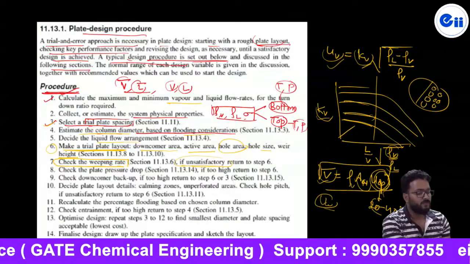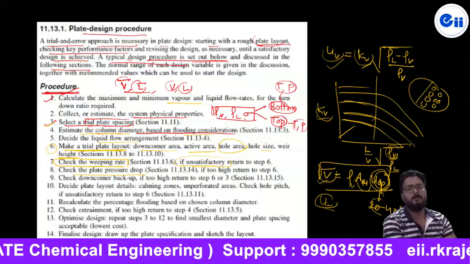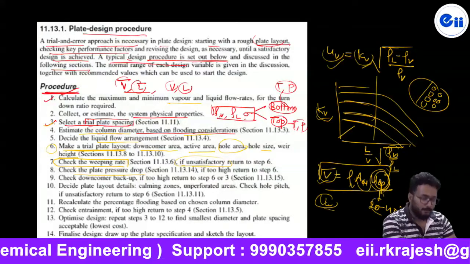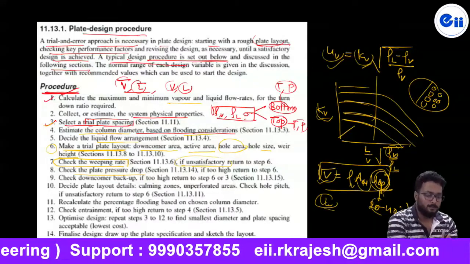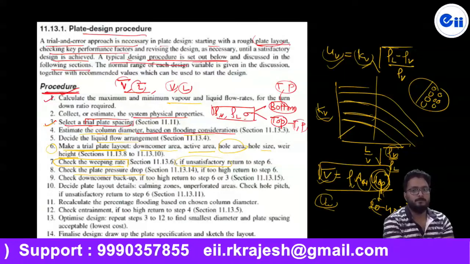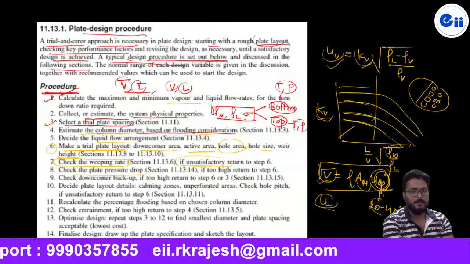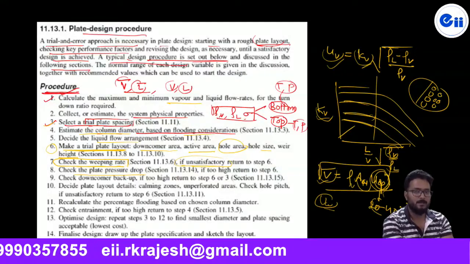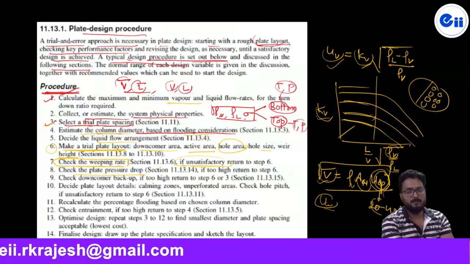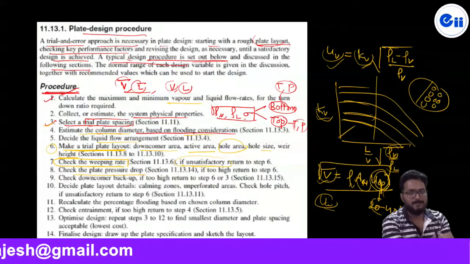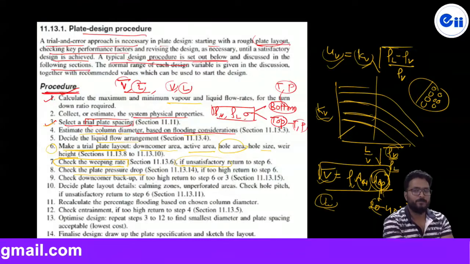Check the plate pressure drop. I have already told you how many types of pressure drop there are over the tray. The tray pressure drop is the summation of the dry plate frictional pressure drop, and the second is the hydrostatic head of the liquid over the tray. So the summation of both is called the tray plate pressure drop.